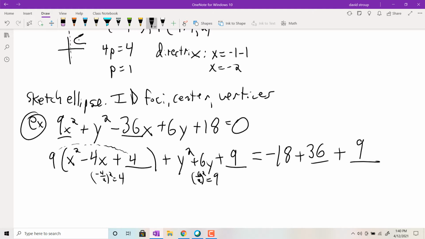Crud. So I see I made a mistake in my notes. So let me cheat a little and make this 18. Instead of 18, let's make it negative 9. Or no, what do I want to make it? So what do I have right now? 36 plus 9 is 45.